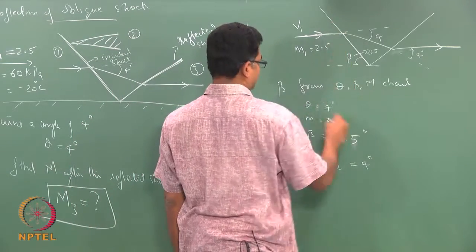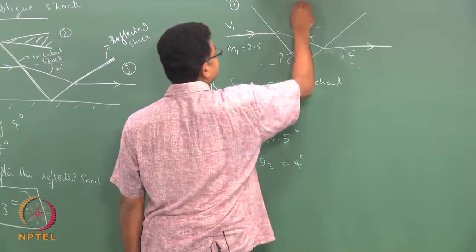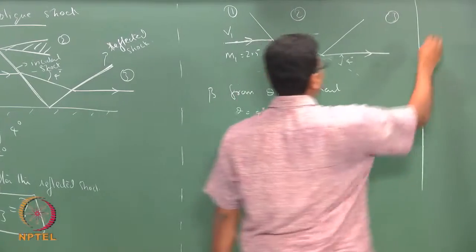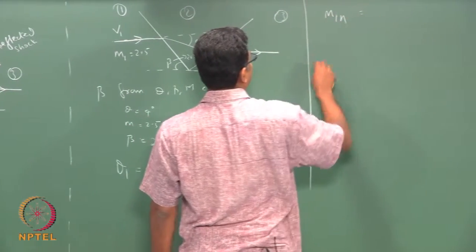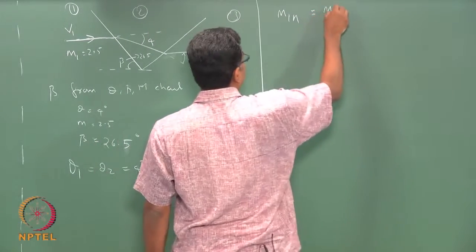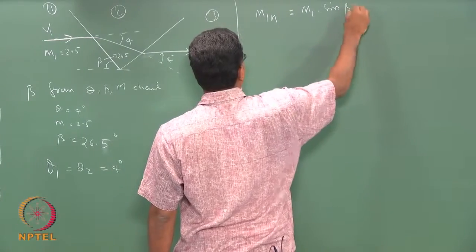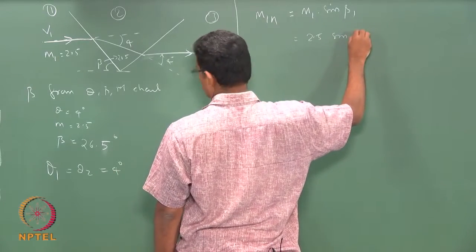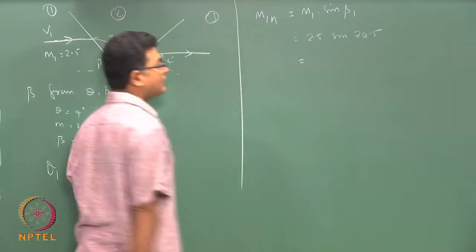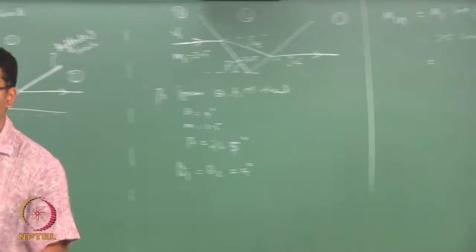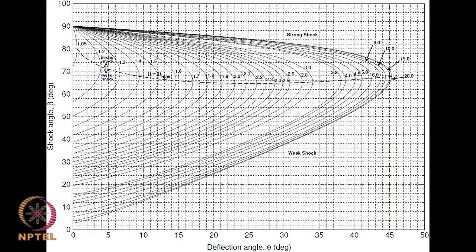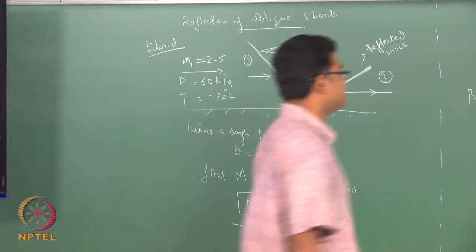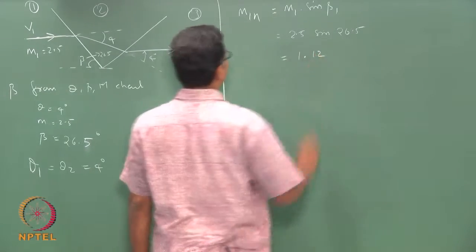Now, from region 1, region 2 and region 3, I can get M1n, which is nothing but M1 into sin beta 1, which is 2.5 sin 26.5, which is 1.12.